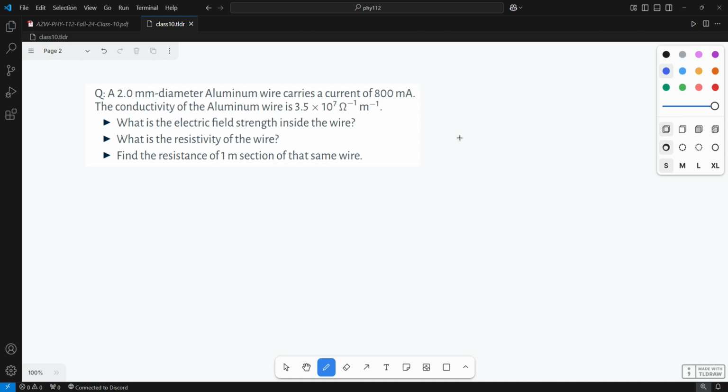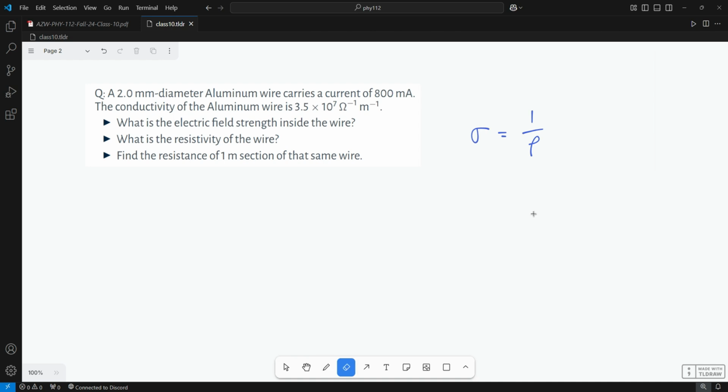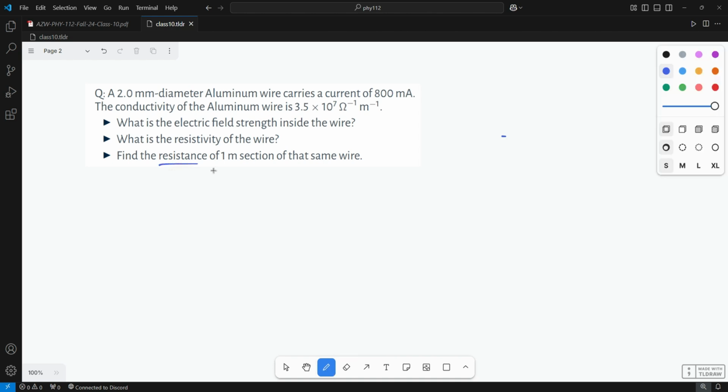So here we are given the conductivity, which we can also write as 1 by resistivity. We have to find the electric field strength inside the wire. We have to also find the resistivity of the wire. We also have to find the resistance of a 1 meter section of the same wire.